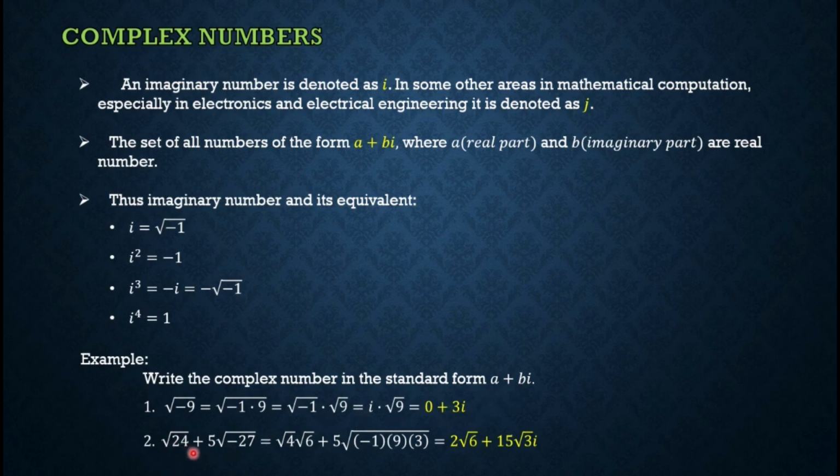The square root of 24 plus 5 times the square root of negative 27 is equal to the square root of 4 times square root of 6, plus 5 times the square root of negative 1 times 9 times 3, where square root of negative 1 is equal to i. So, the answer is 2 square root of 6 plus 15 square root of 3 i.